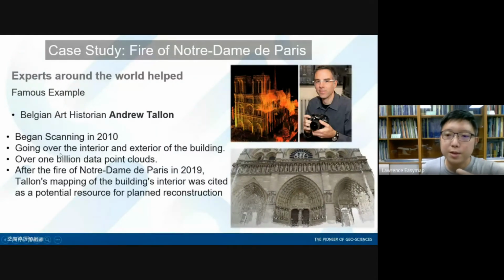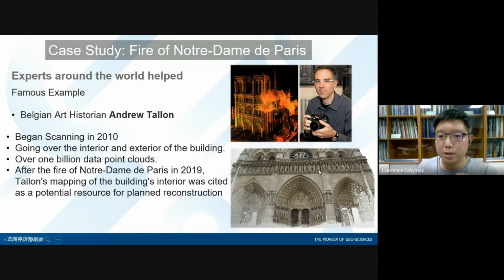However, luckily, just before the fire, some experts had done 3D scanning and modeling. A very famous example is a Belgian art historian, who did the scanning in 2010. He scanned the interior and also the exterior of the building.